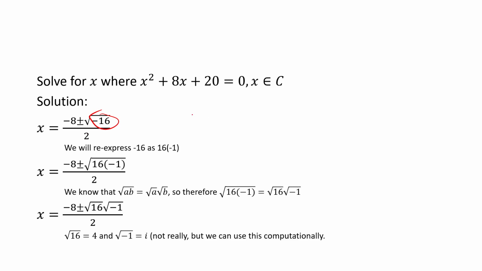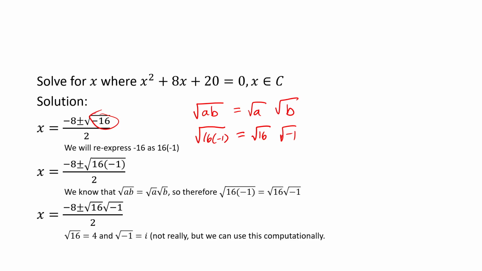Now, it's a property of square roots that the square root of AB is always equal to the square root of A times the square root of B. So by extension, we can say that the square root of 16 times -1 is equal to the square root of 16 times the square root of -1.